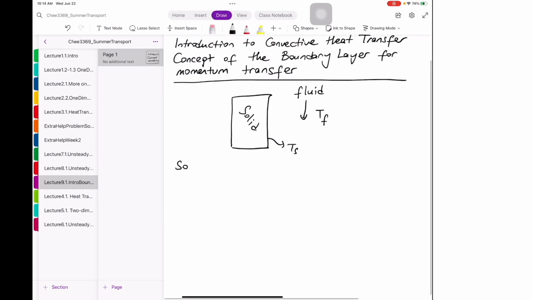And so far, we have said Qs, the surface flux, is equal to H times (Ts minus Tf). And what was the name of the scientist who said that? Newton, right?